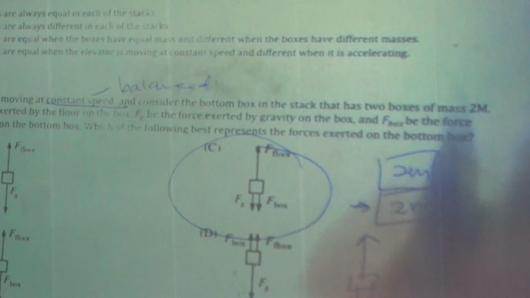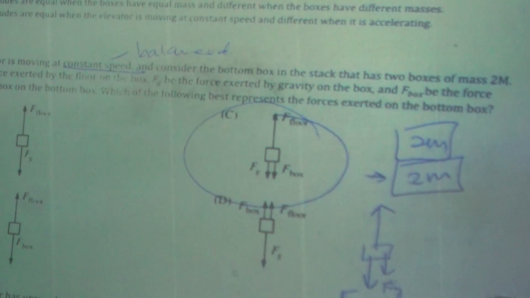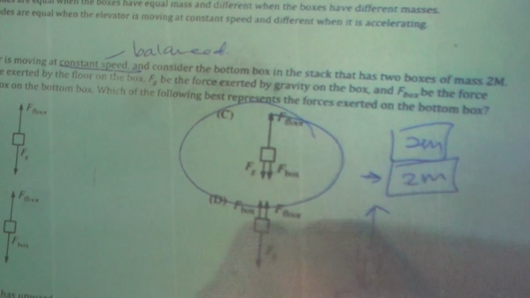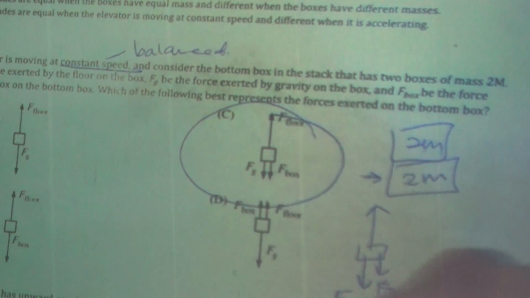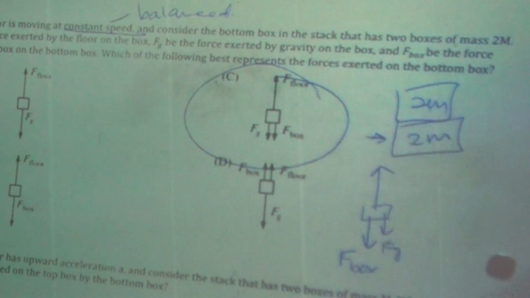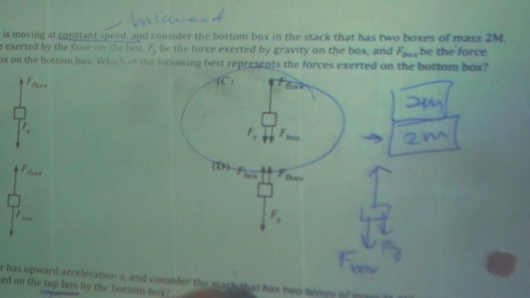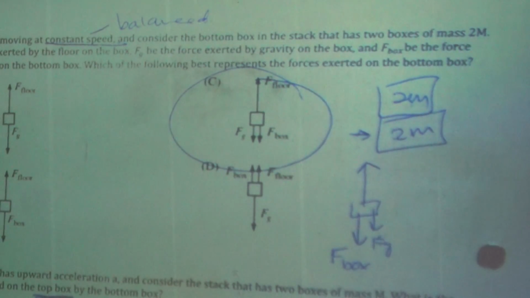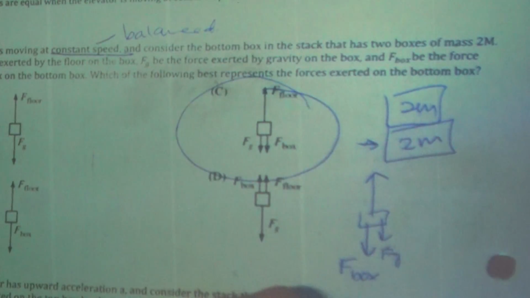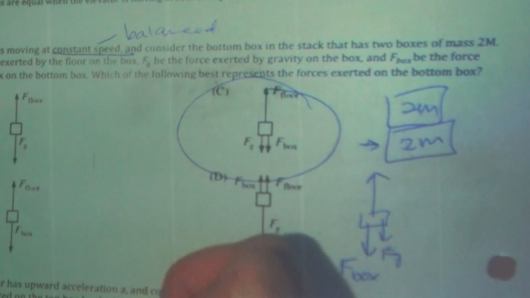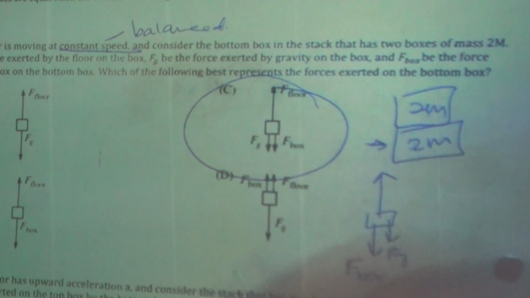Assume the elevator has upward acceleration, so now it's accelerating up, which means you have a net force in the upward direction. We're talking about the stack that has just M, and we're looking for the force on the top box by the bottom box. So we have, of course, mg, and we have the force that we're looking for of the bottom box pushing up.